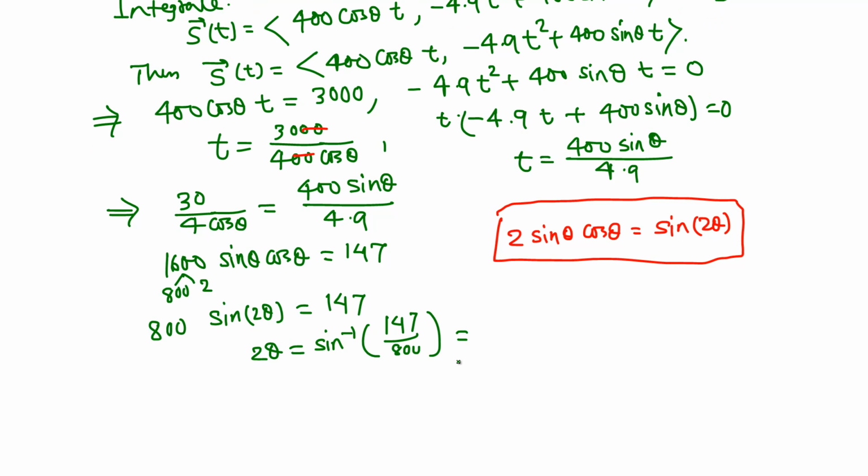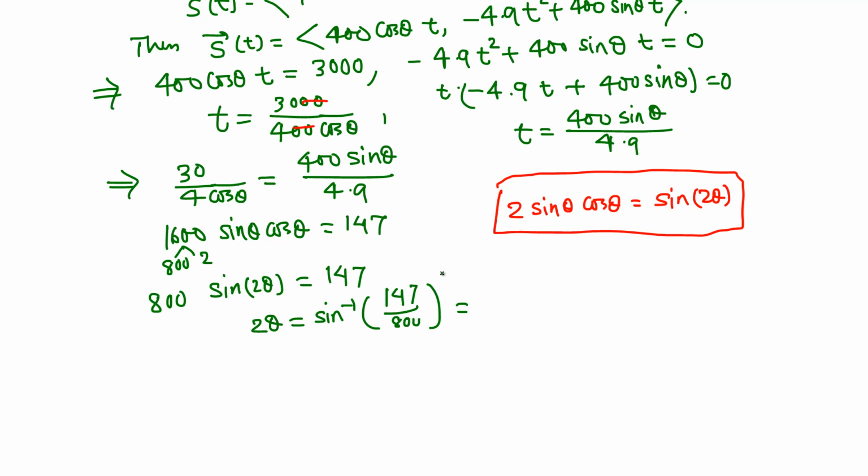So 2 theta equals sine inverse of 147 divided by 800. Use your calculator and this gives you 10.59 degrees. At the same time, we can have sine positive in the second quadrant as well, so subtract from 180 and you get 169.41.